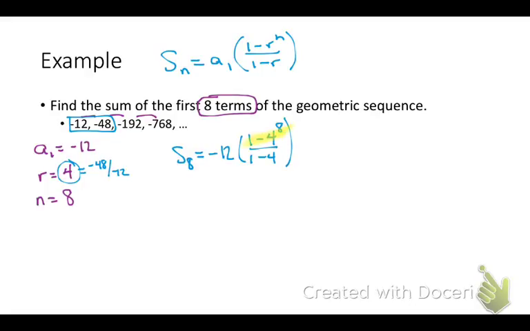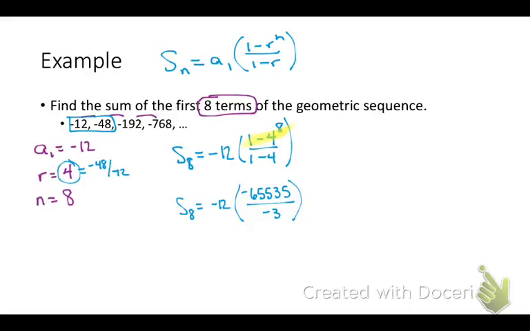Again, top first. Always do that part first, and then everything else will fall in line. So 1 minus 4 to the 8th is negative 65,535. All over negative 3. And we're going to multiply by negative 12.